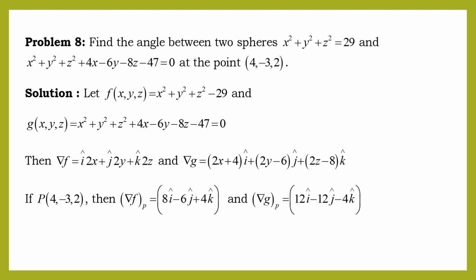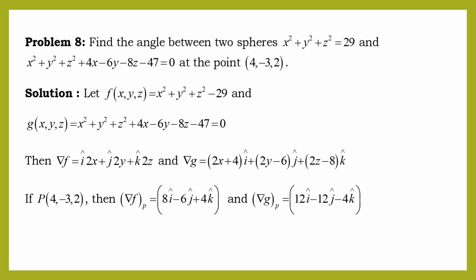Now the gradient of this function f is given by del f equals i cap dou f by dou x plus j cap dou f by dou y plus k cap dou f by dou z. That implies del f equals 2x i cap plus 2y j cap plus 2z k cap.